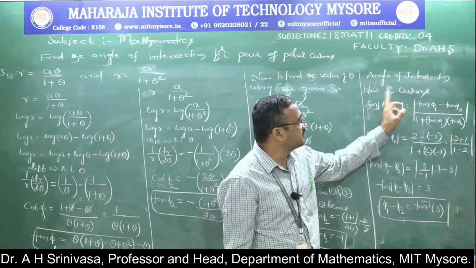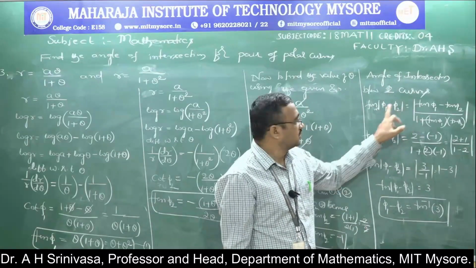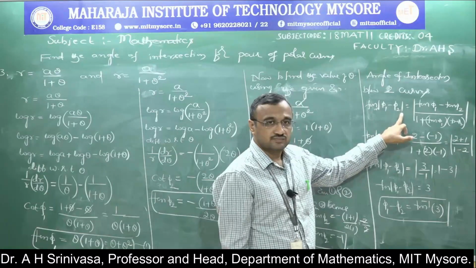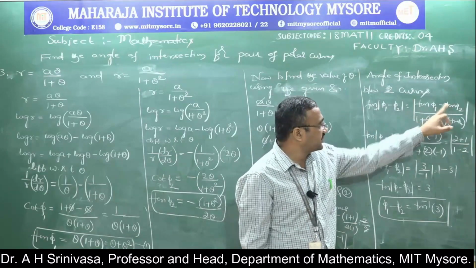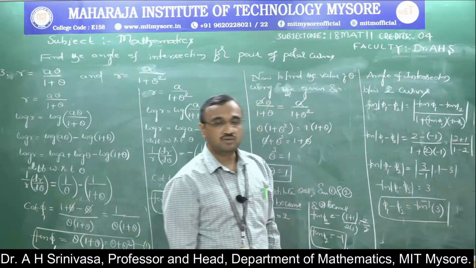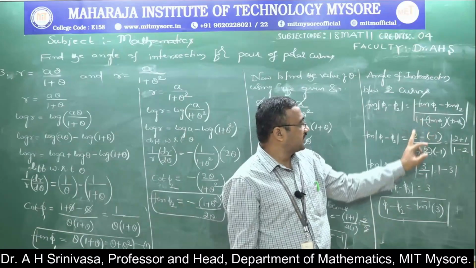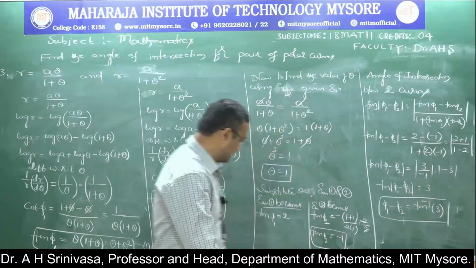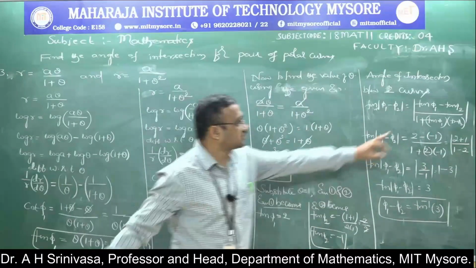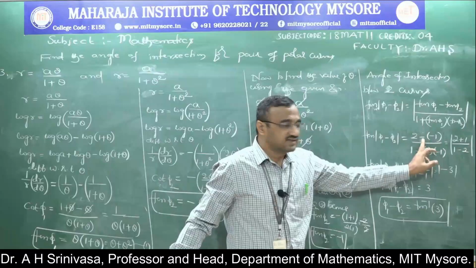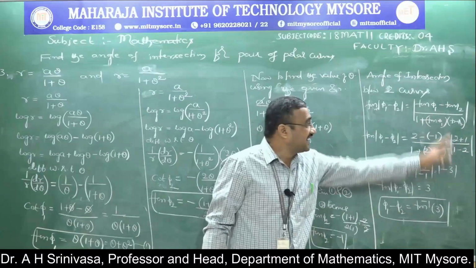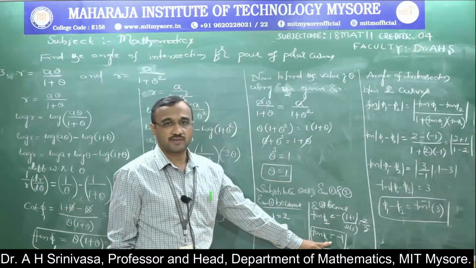Then after that, use this formula for the angle of intersection between two curves, that is tan of phi 1 minus phi 2, which is tan phi 1 minus tan phi 2 divided by 1 plus tan phi 1 into tan phi 2. Now substitute the respective values. Tan phi 1 value is 2, so I substitute 2 here. The minus is from the formula. Tan phi 2 value is minus 1.